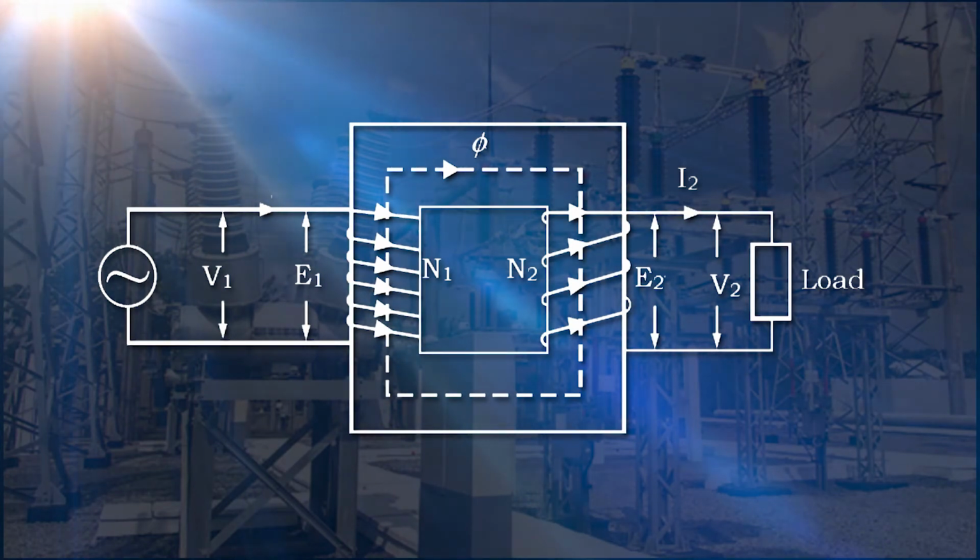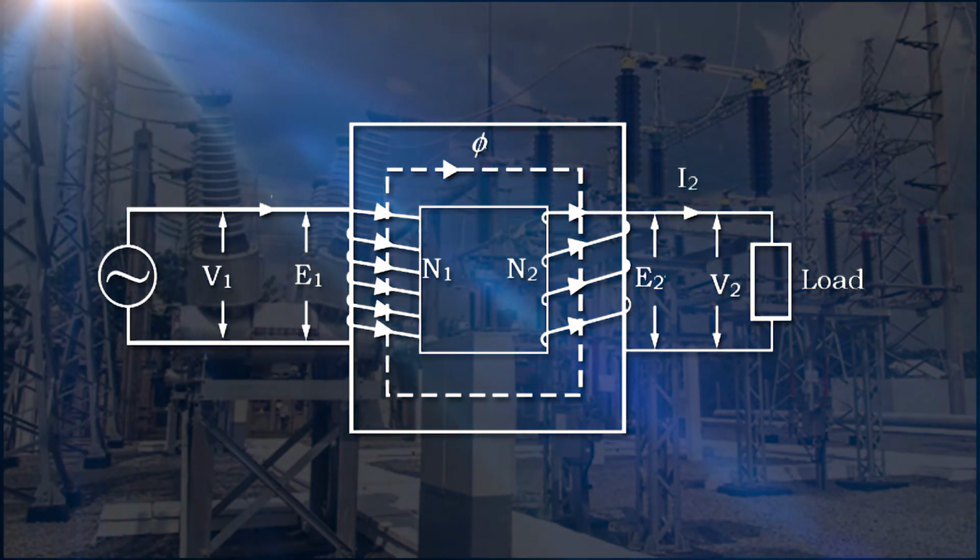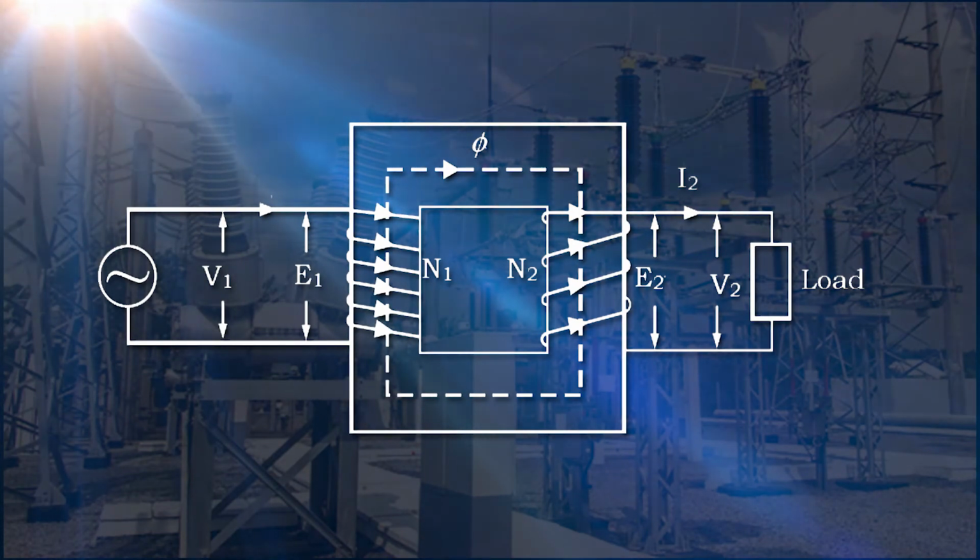N1 and N2 decide whether this is a step up or step down transformer. If N2 is more than N1, it is a step up transformer. If N2 is less than N1, it is a step down transformer. We are not bothered whether it is step up or step down; we are just discussing how the transformer will work when it is loaded.